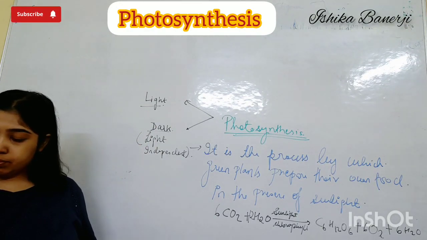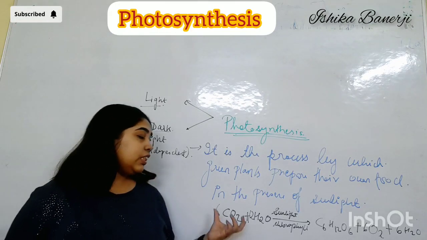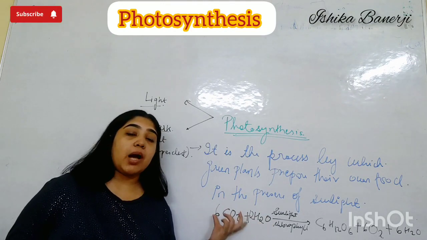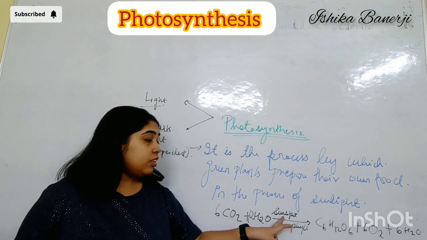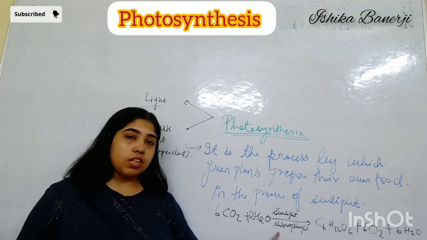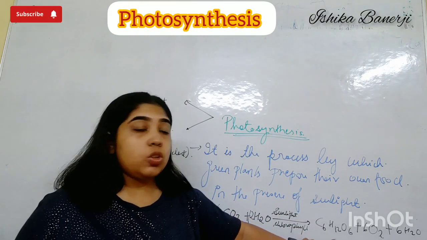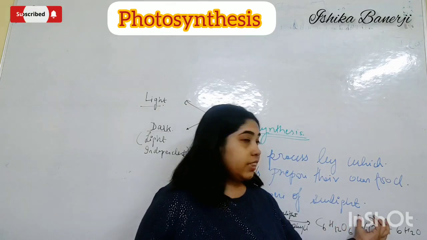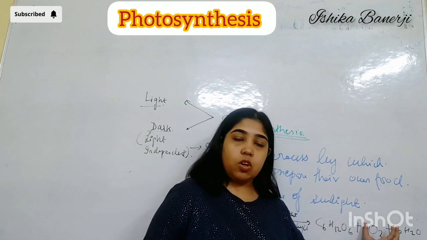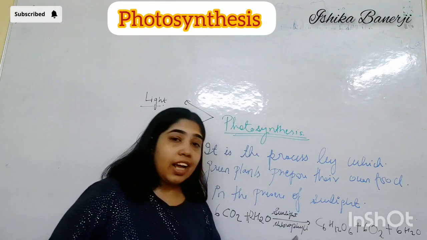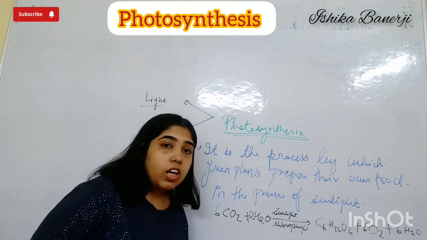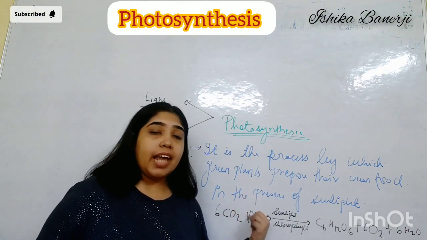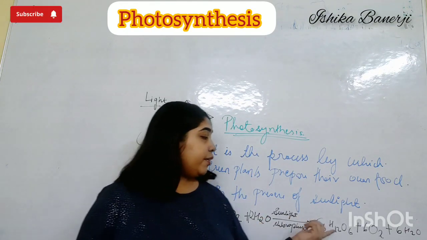See, what happens is carbon dioxide and water together combine in the presence of sunlight and chlorophyll to give glucose, oxygen and water. This oxygen that is given, we humans utilize. After we utilize the oxygen, we give out carbon dioxide, the plants take in that carbon dioxide, and with water combined together form glucose.